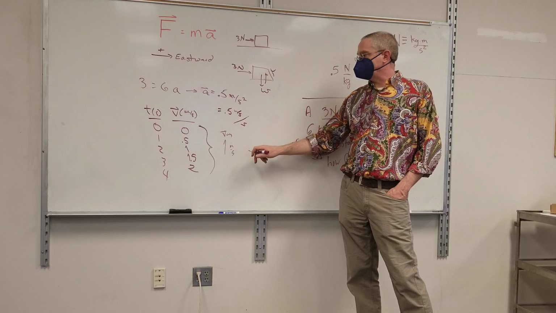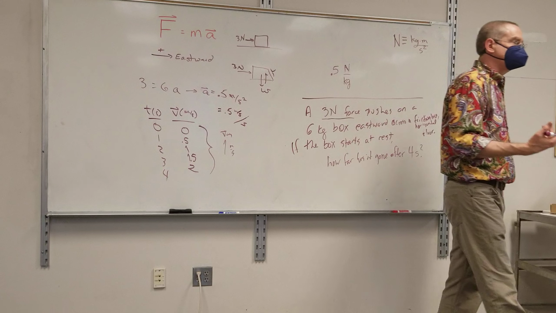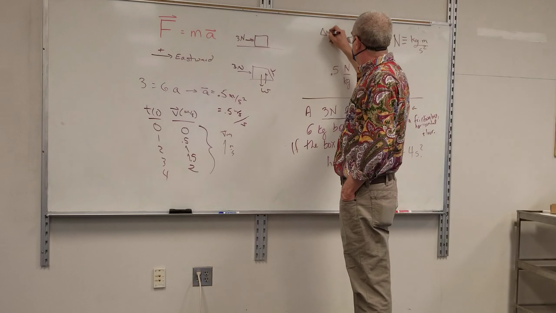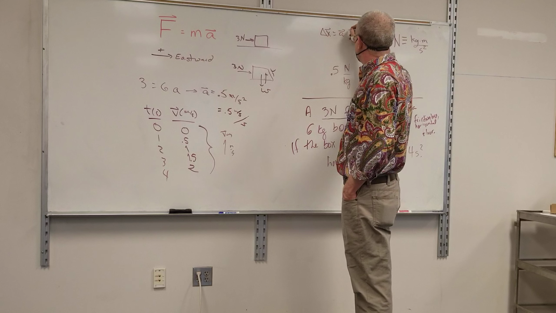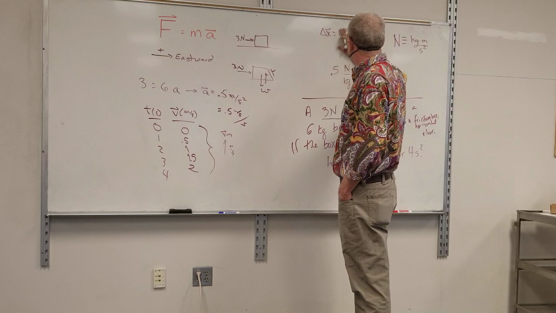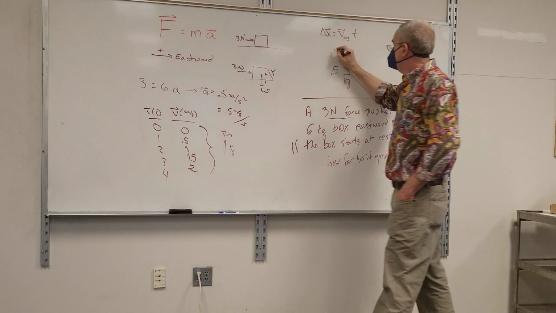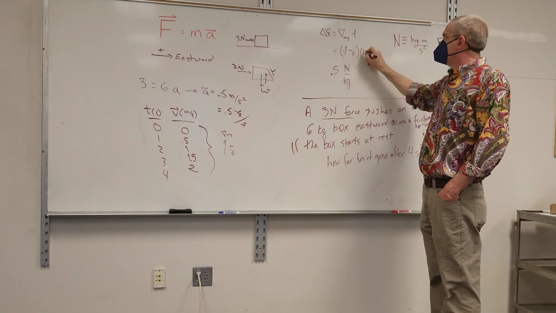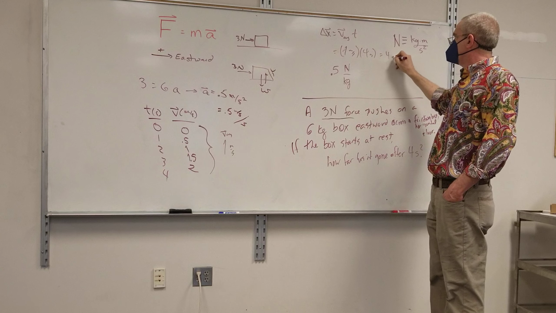All right, so I got 1 meter per second for 4 seconds. So displacement is average velocity times time. That's 1 meter per second times 4 seconds, which is 4 meters.